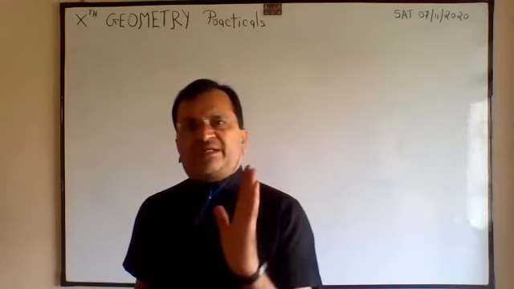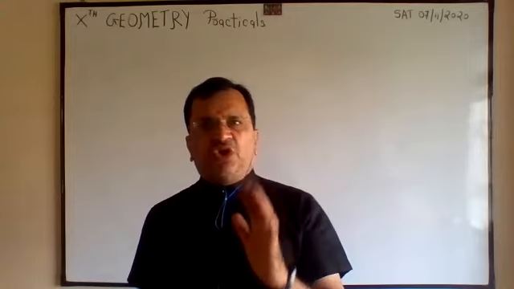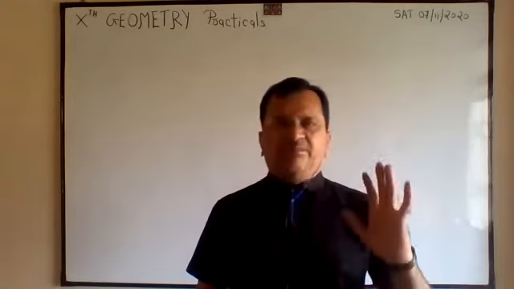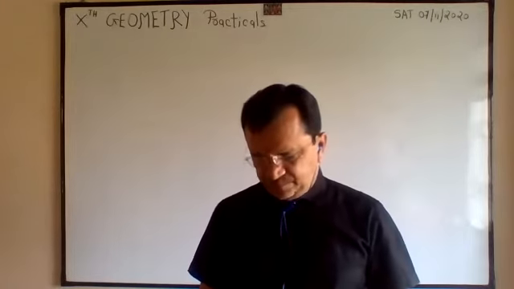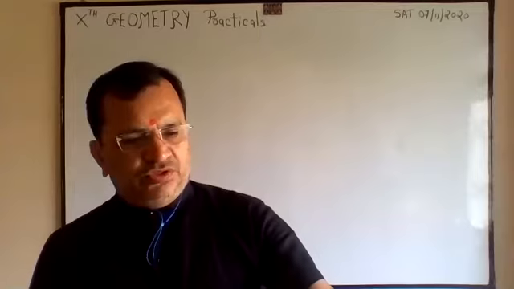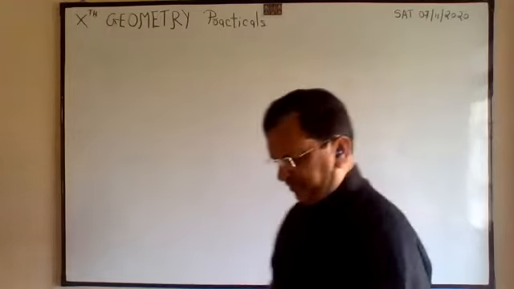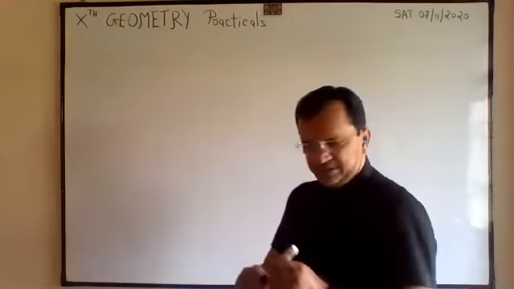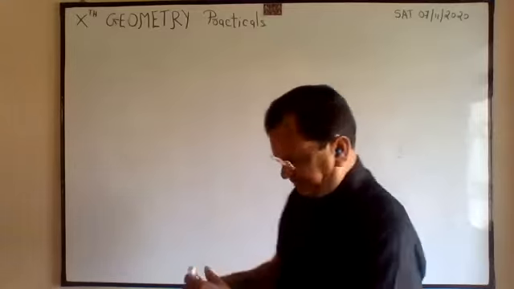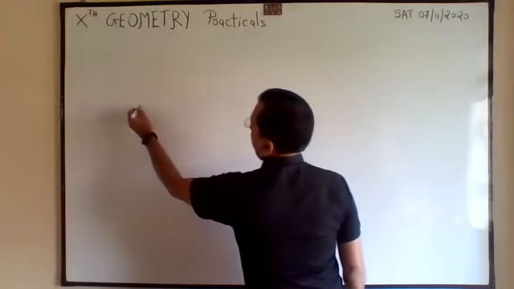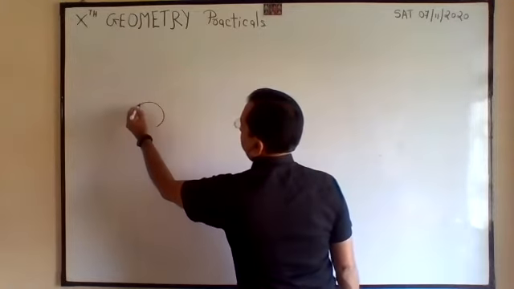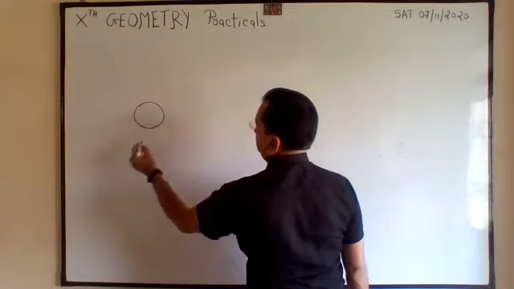Practical number 2, geometry, page number 30. Three types of the tangent are given this way.